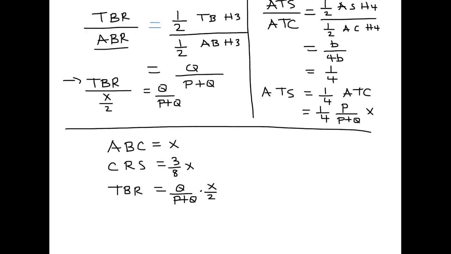And we've got ATS, which is 1/4 P over P plus Q times X.